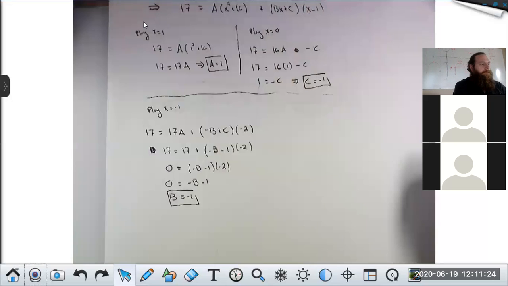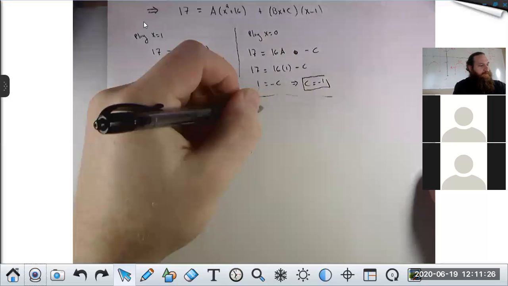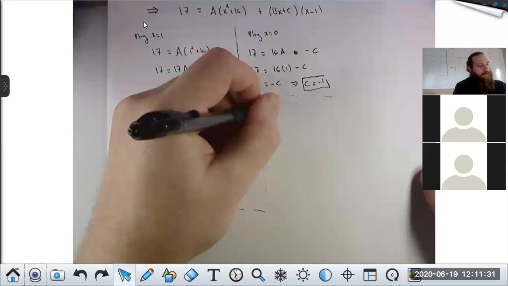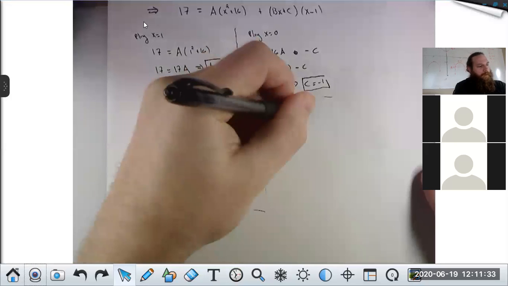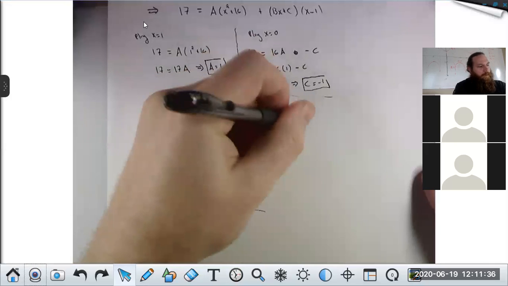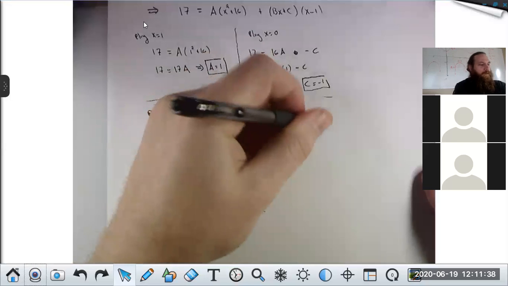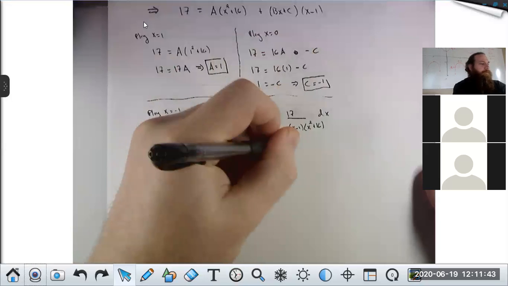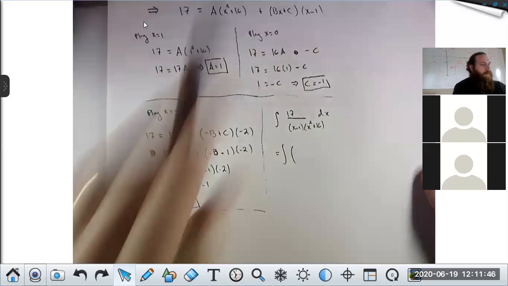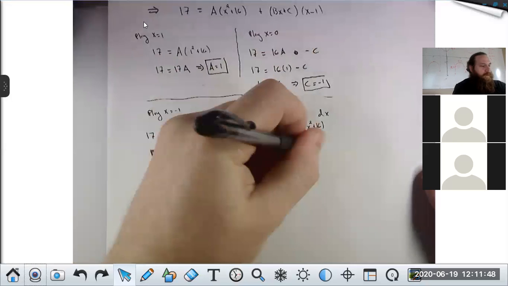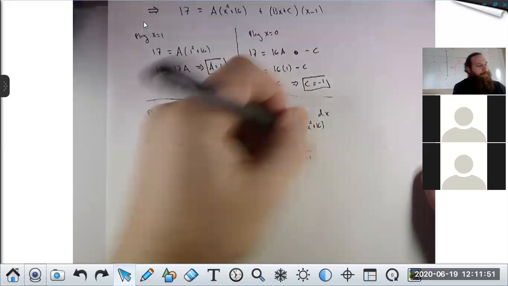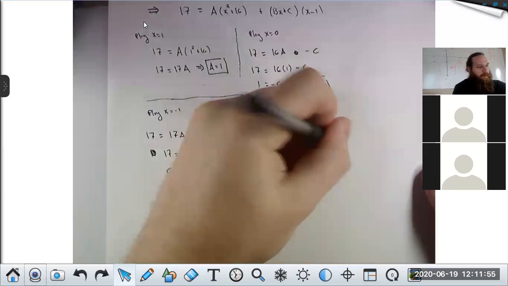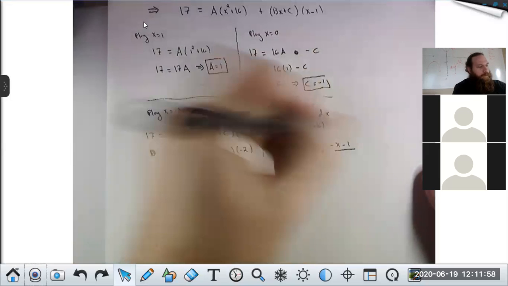But the upshot here is that my integral of 17 over x minus 1 times x squared plus 16 dx is equal to the integral of a over x minus 1, and a was 1, so that's 1 over x minus 1, plus bx plus c, that's negative x minus 1 over x squared plus 16.